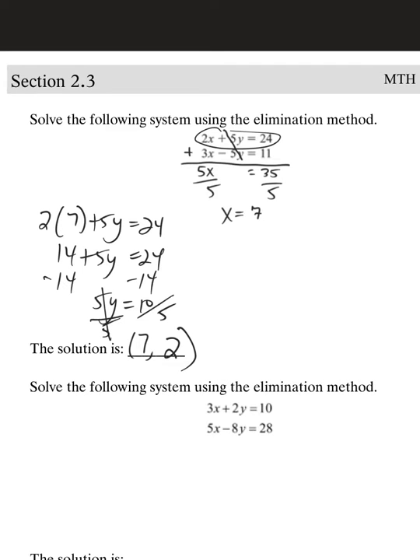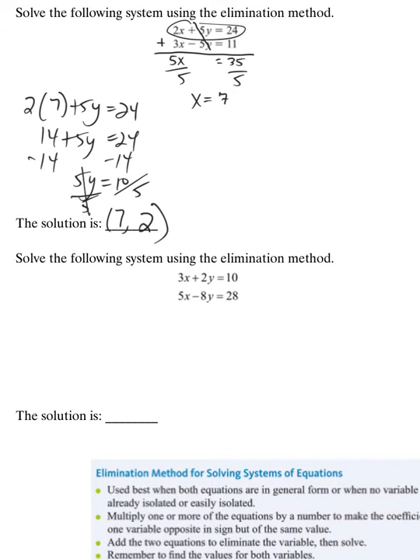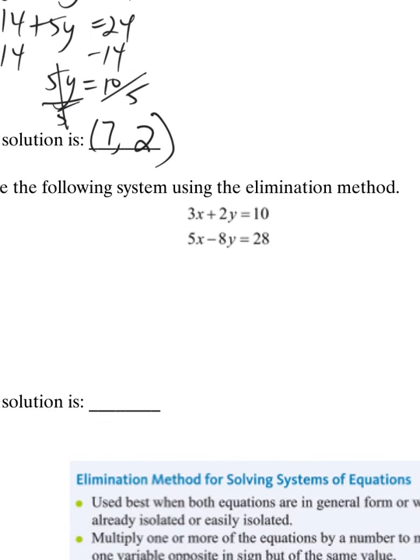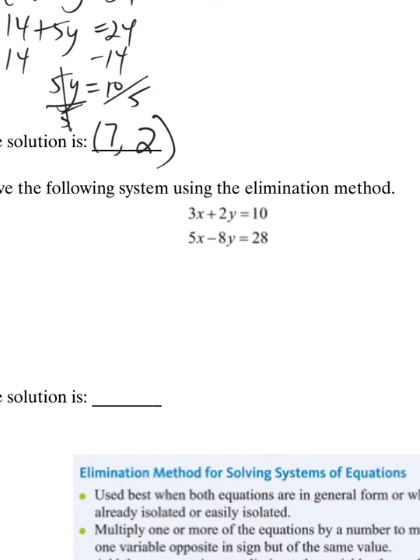I wish all of them were that nice and tidy, but they usually require a little bit more work. For instance, if I started with this next one and went right into adding them together, I wouldn't cancel anything out. But I can notice that I could make it a little easier. You don't always cancel for x or cancel for y.